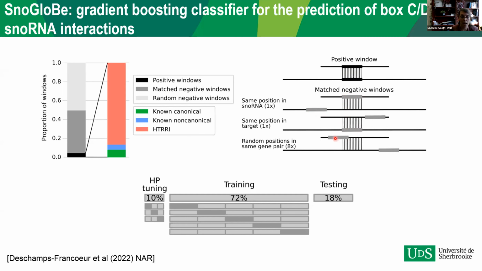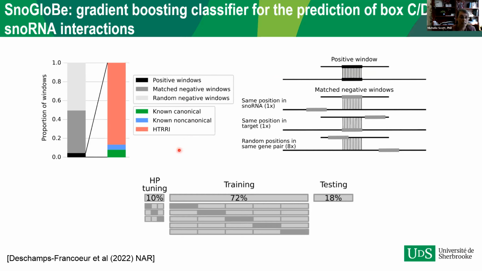And then we have 8 randomly chosen pairs of a random position in the snoRNA and a random position in the target. We thought it was important to have this kind of negatives as well, because we think it's harder to distinguish between these matched negatives and the positives compared to the random examples.